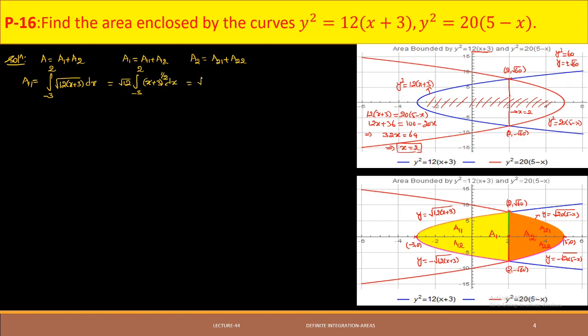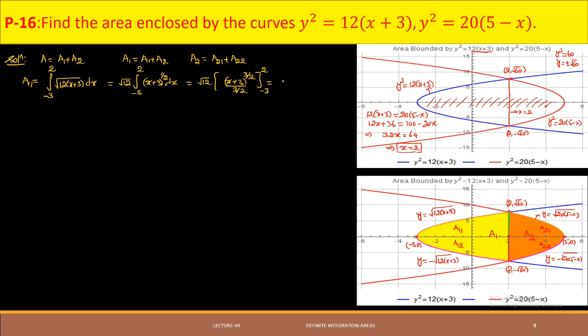So that is equal to root 12 into, the integration of x plus 3 whole to the power 1 by 2 is x plus 3 whole to the power 3 by 2 divided by 3 by 2, and I have to write the limits here, minus 3 and 2.